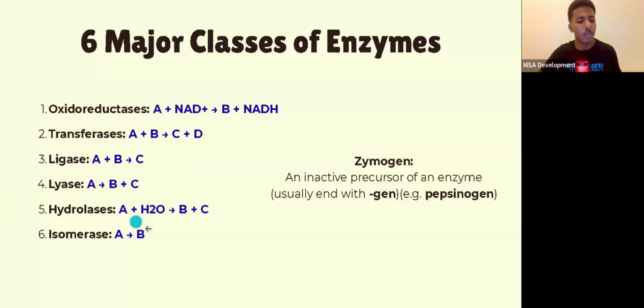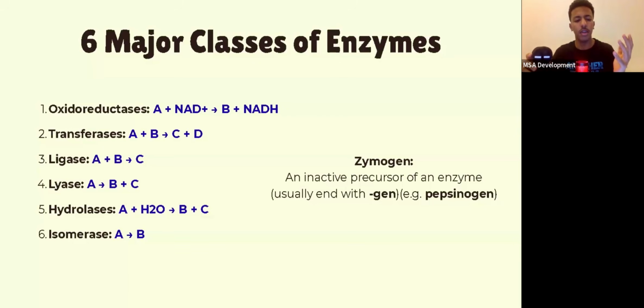And finally, isomerase. I'll use this Enderman plushie to help me explain. So isomers basically have the same number of atoms, but they're just arranged differently.